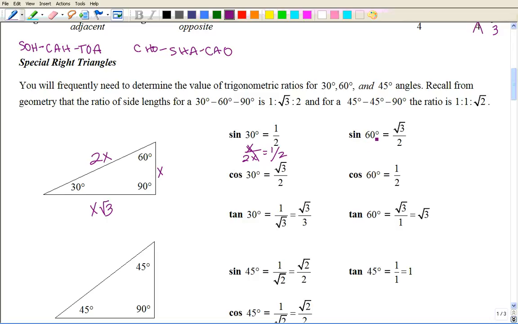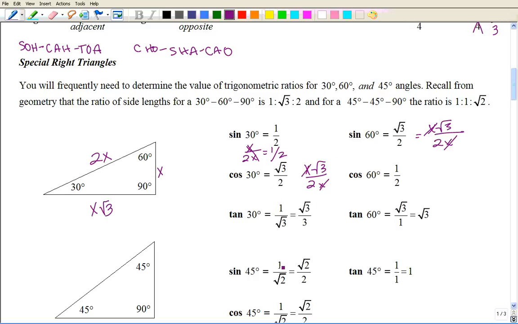The sine of 60 degrees: we have x square root of 3 over, since sine is opposite over hypotenuse, 2x. So the x's would cancel, leaving you with the square root of 3 over 2. Now cosine of 30: cosine is adjacent over the hypotenuse.